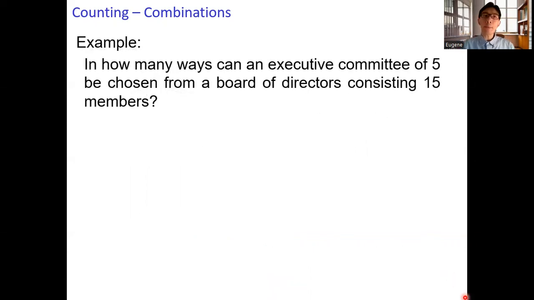Let's take a look at an example. In how many ways can an executive committee of 5 be chosen from a board of directors consisting of 15 members? So here, the order does not matter. As long as we get an executive committee of 5, then we are done.